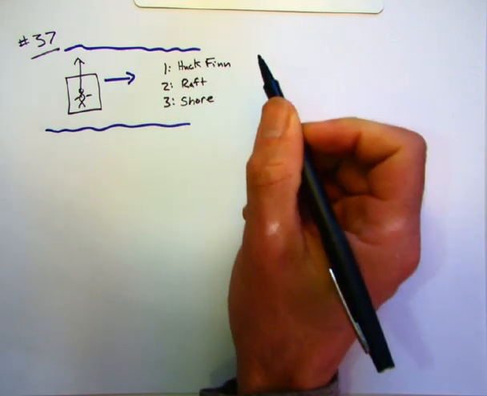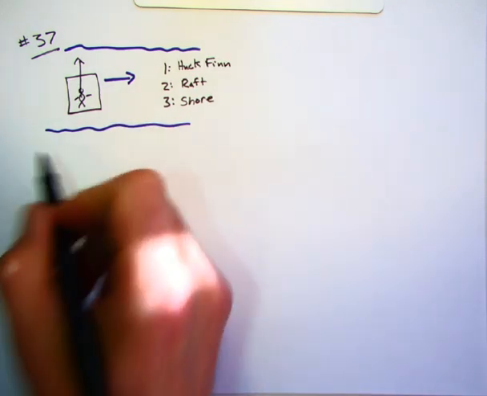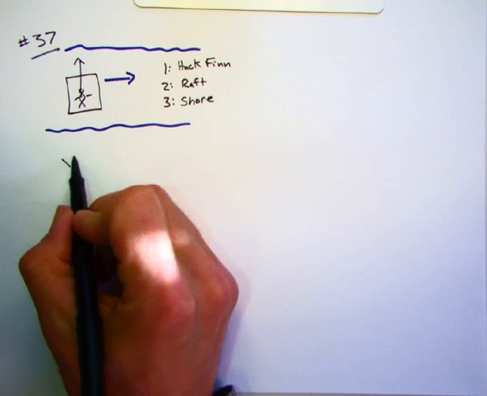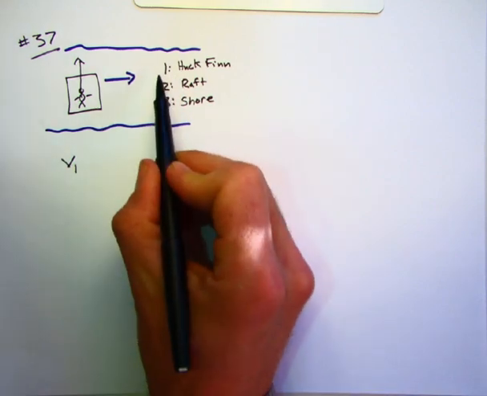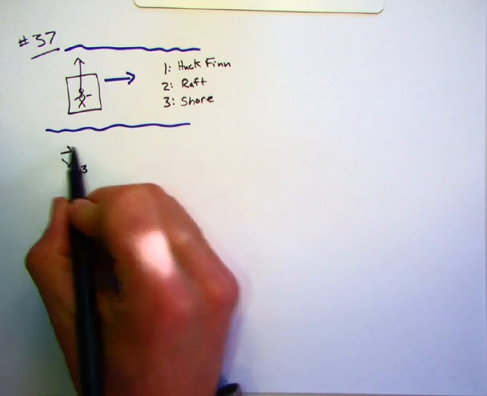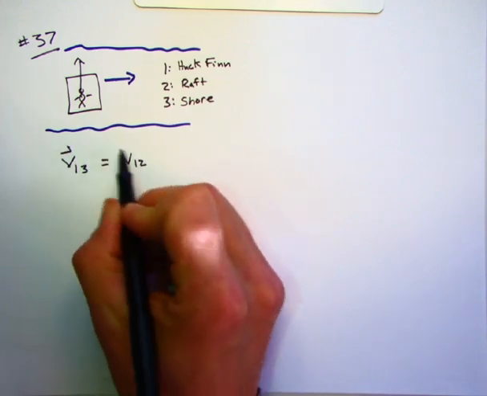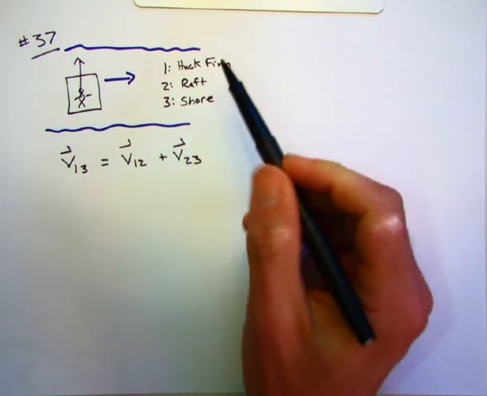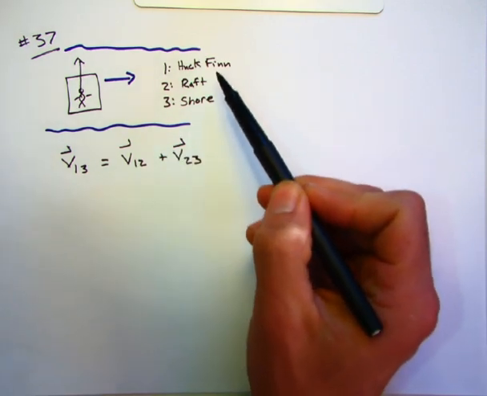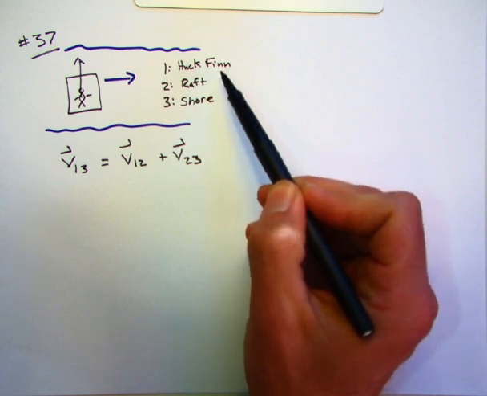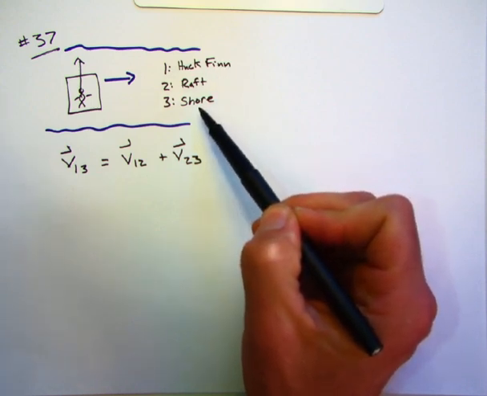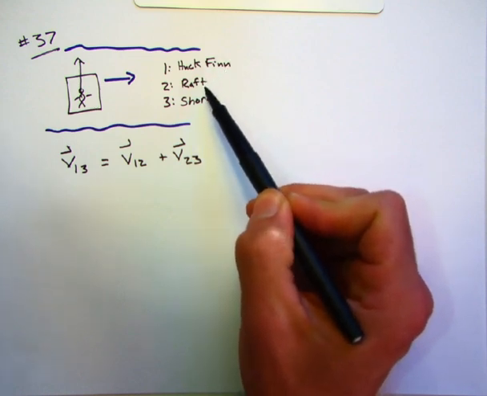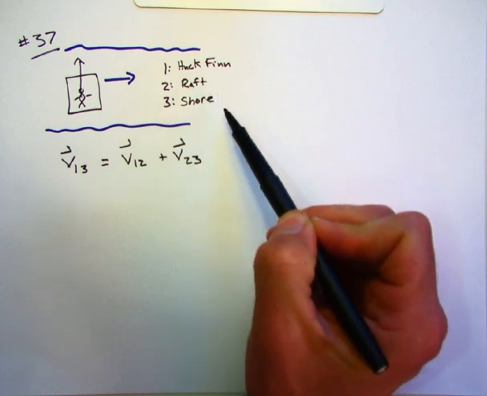The big idea is this: if you have more than one reference frame, the velocity of object 1 relative to 3 is equal to the velocity of 1 relative to 2 plus the velocity of 2 relative to 3. In this problem, the velocity of Huck Finn relative to the shore, which is what we want to know, is equal to the velocity of Huck Finn relative to the raft plus the velocity of the raft relative to the shore.